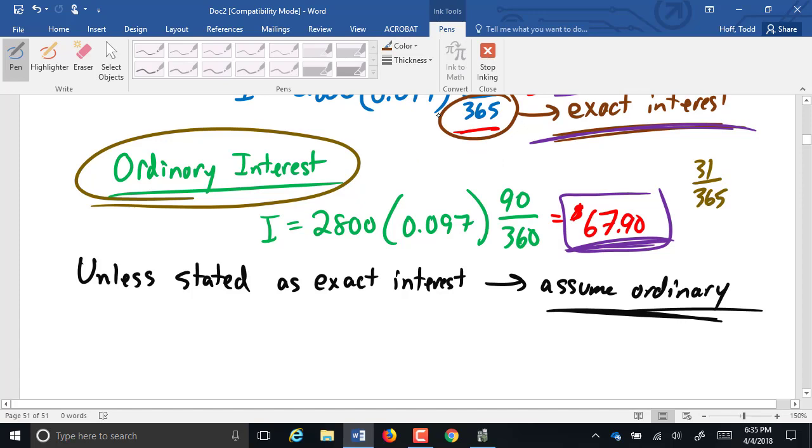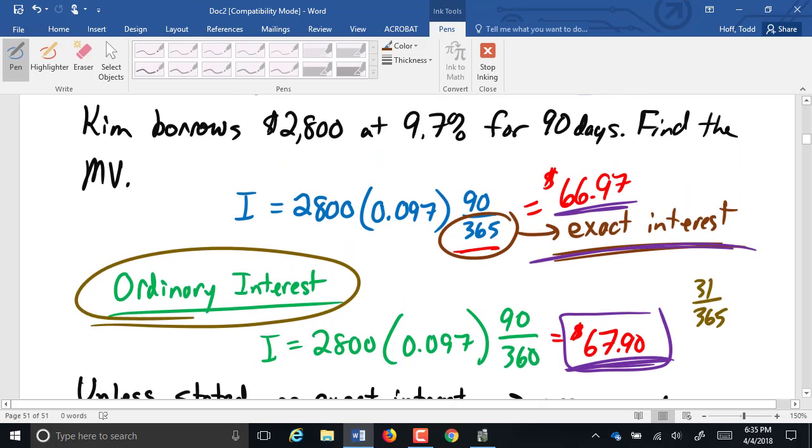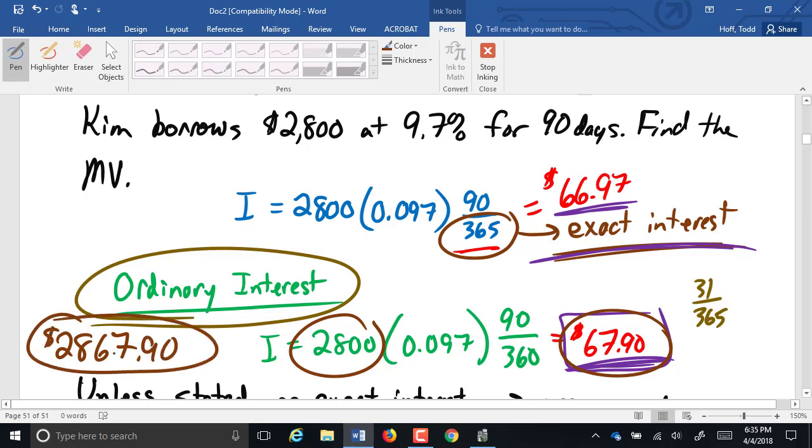Now I didn't finish this problem up here. What do we have left to do? Add the maturity value. Now it didn't say exact, so we're going to assume the ordinary. So it'd be 2,800 plus the 67.90. So yes, $2,867.90 is maturity value.